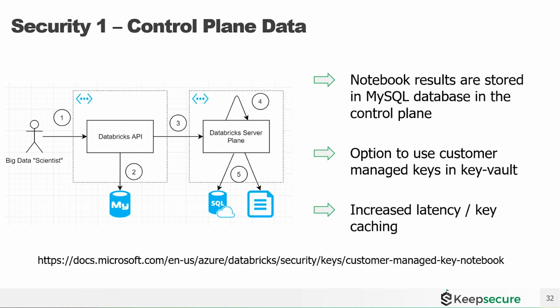And so it's one of those areas where potentially data could be exfiltrated out of your working environment, or where you might want to keep those results safe. Databricks now has options to eliminate the fact that results are being stored in MySQL and store them directly on the root DBFS file system that is created as part of your workspace provisioning, and so you get a little bit more control over where that's going to sit.